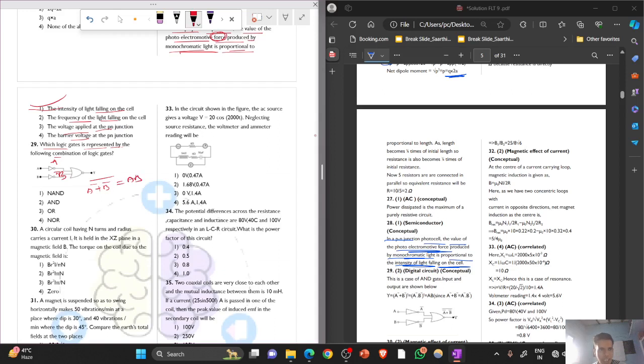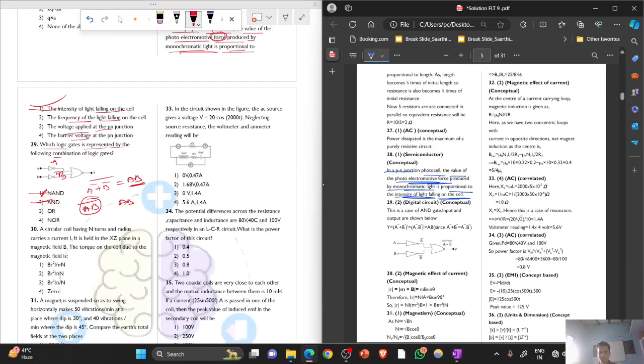It's like an AND gate. Sorry, not NAND gate. The final result will be AB. Using De Morgan's theorem, a NAND gate would be AB the whole bar, but here it is coming AB, so it is just an AND gate, multiplication of A into B. So option second will be your correct answer.